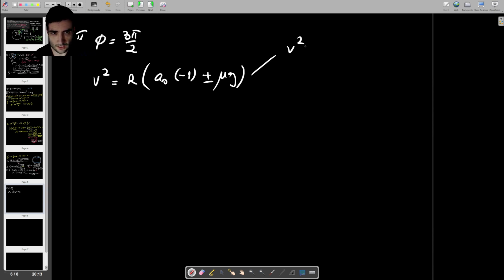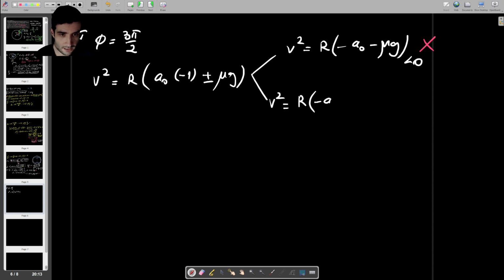Case 1, v squared is going to be equal to r times minus a0 minus mu g. This is clearly not going to work because this is strictly a negative number and we can't take a square root of a negative number and still get a real number. And the other case is when v squared is r, so this is literally our last hope, minus a0 plus mu g, and this is good.